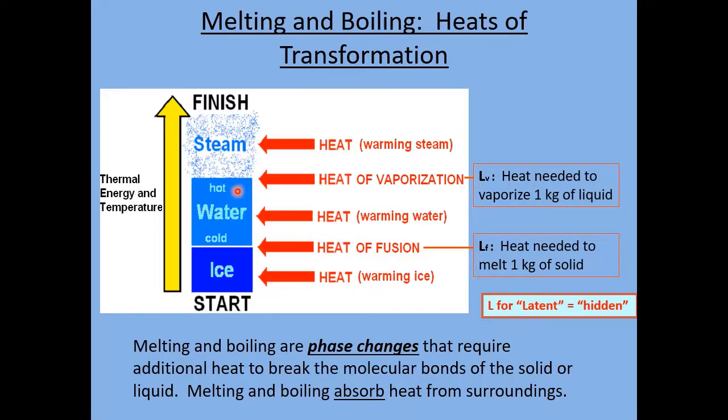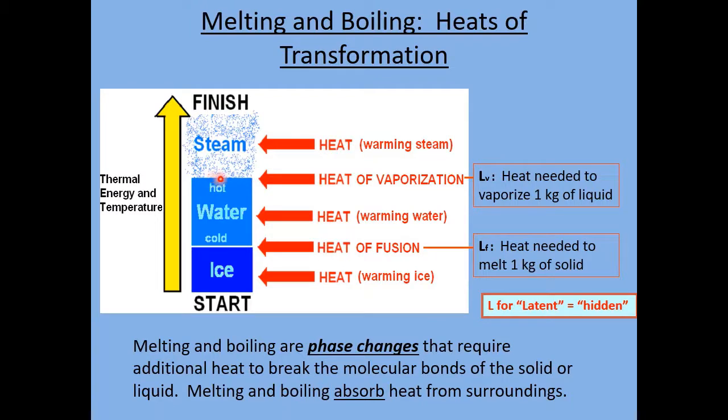And once the water reaches the boiling point up here, another phase change occurs. And this requires the heat of vaporization to actually turn this water into steam or vapor. So the heat of vaporization, which is designated L sub V, is the heat needed to vaporize 1 kilogram of liquid. So once all this heat is pumped in, we've turned this water into steam or vapor or gas, basically, at the same temperature.